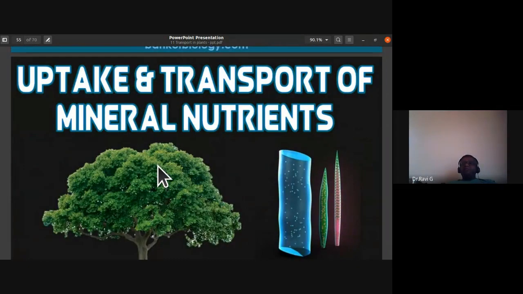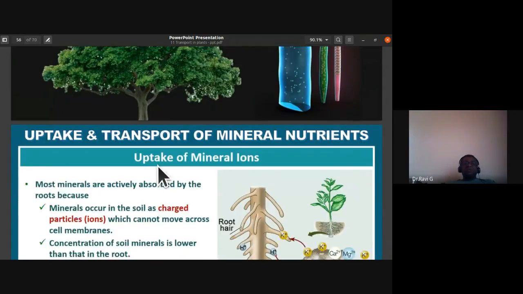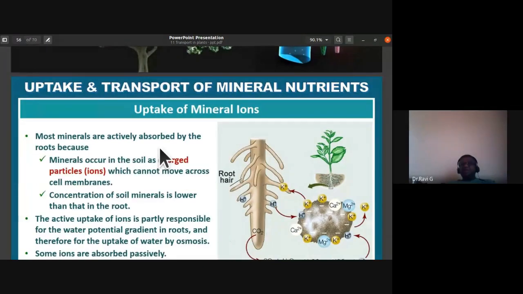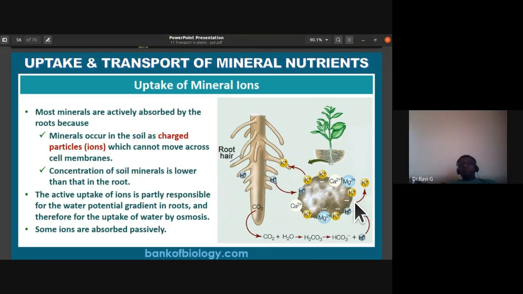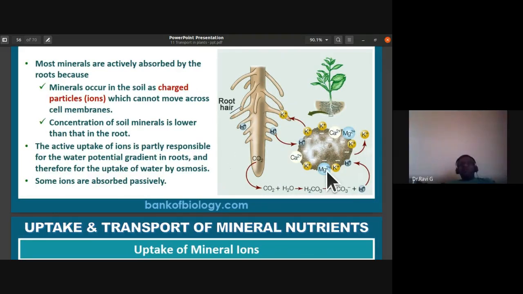Then uptake and transport of mineral nutrients we also discussed. Most minerals are actively absorbed by the roots. Minerals are present in the soil as ions, which are charged and cannot move across the cell membranes. The concentration of soil minerals is lower than that in the root, so these minerals have to be absorbed against the concentration gradient.